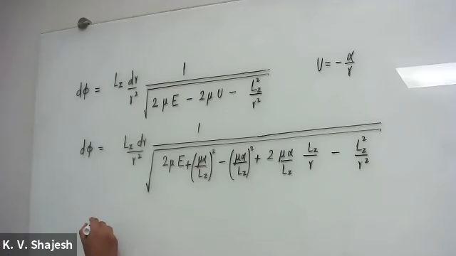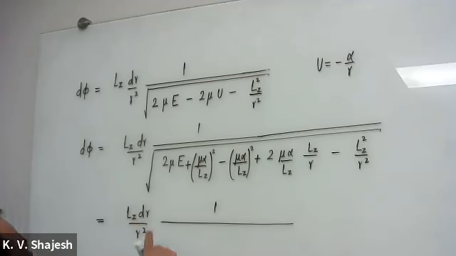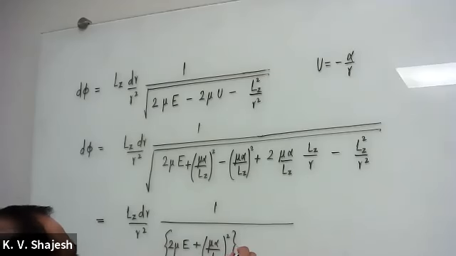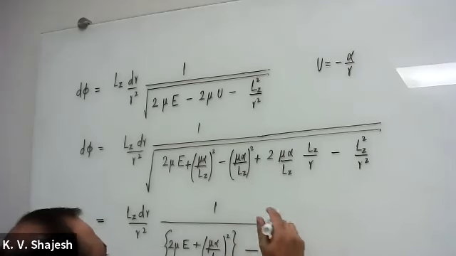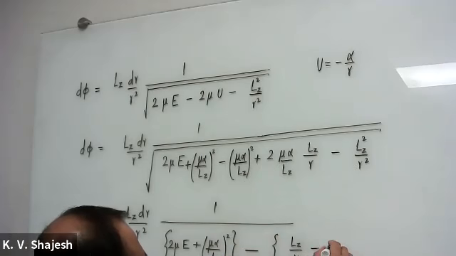So what we have is d phi equals Lz over r squared, 1 over the square root of 2 mu E plus mu alpha over Lz whole squared, which I'll keep as a single entity, minus Lz over r minus mu alpha over Lz, squared.